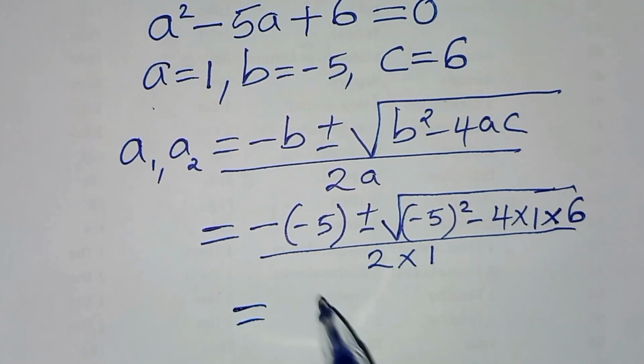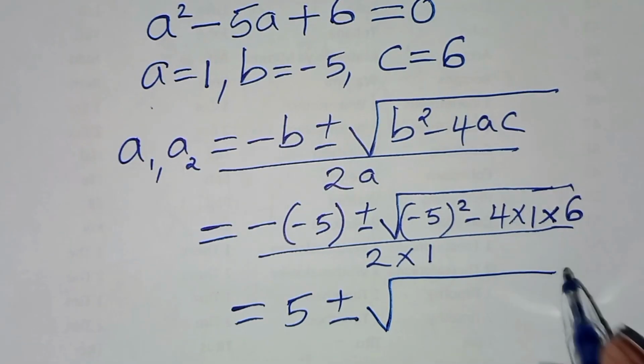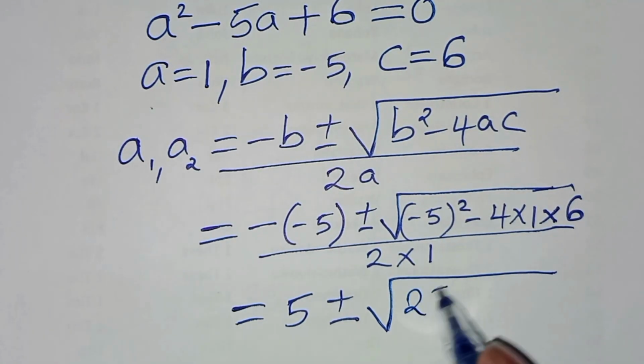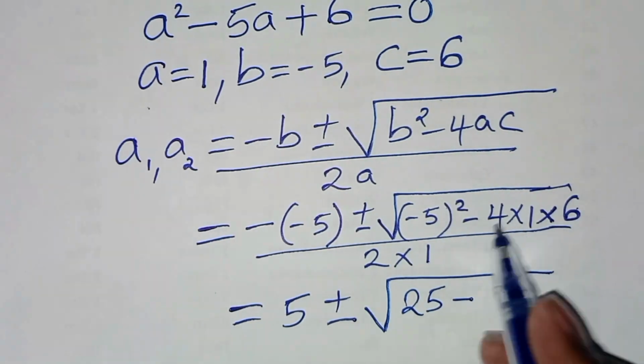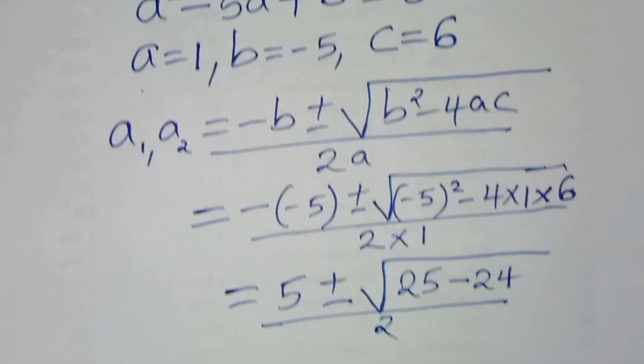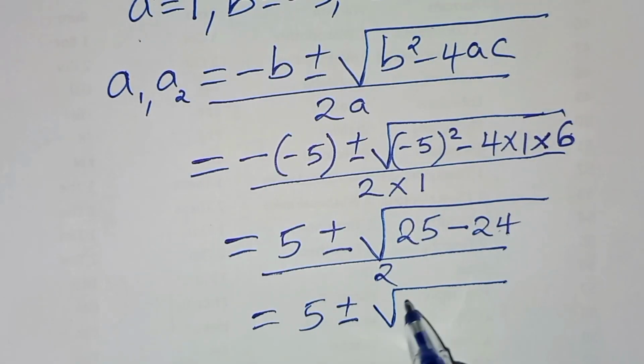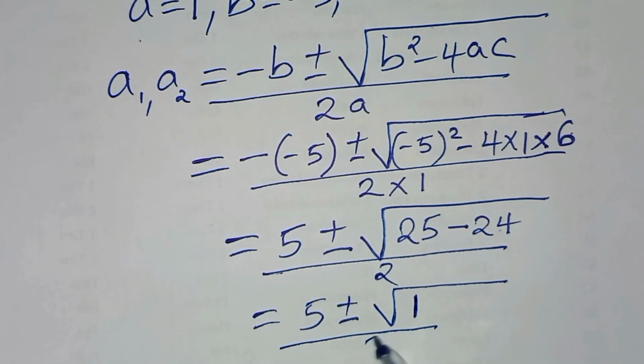So here we'll have minus times minus 5, this is 5, plus or minus the square root of negative 5 squared, this is 25, subtract 6 times 4, this is 24, divided by 2. So in this case, we'll have 5 plus or minus the square root of 25 minus 24, this is 1, divided by 2.